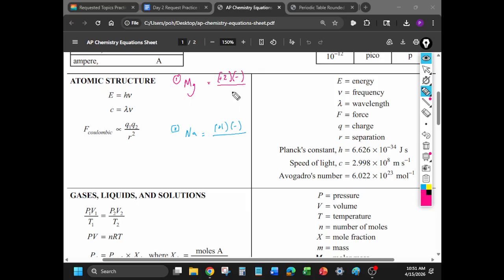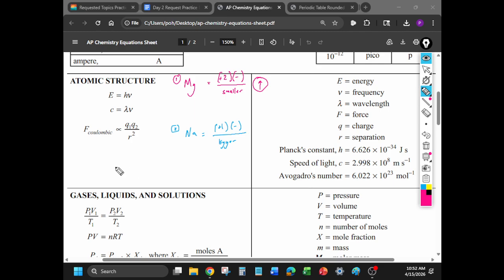Okay, so for Mg, we know that this number is going to be smaller, and this number right here is going to be bigger. Now, if you notice, it's on the denominator, right? So if a number on the denominator is smaller, what does it do to the overall value of the number? Yeah, it makes it bigger. So since this number is smaller, it's going to actually increase the overall number, and that'll be your justification.